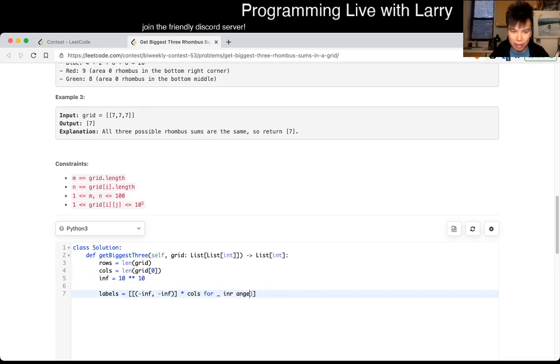I feel like there's a mathematical way of doing this, but I spent too long trying to figure it out, so that's why I'm doing it here.